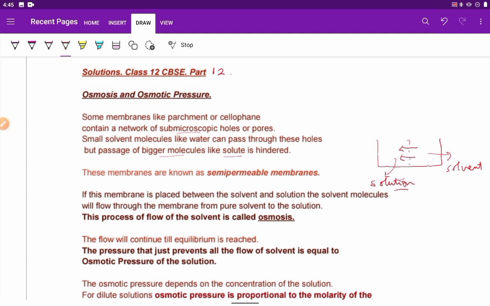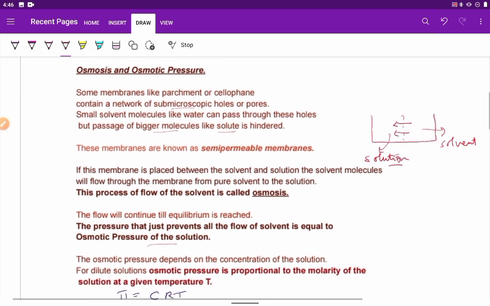Now, if we want to prevent the flow of solvent molecules, then we have to apply some pressure. The pressure which just prevents the flow of solvent is equal to the osmotic pressure of the solution.